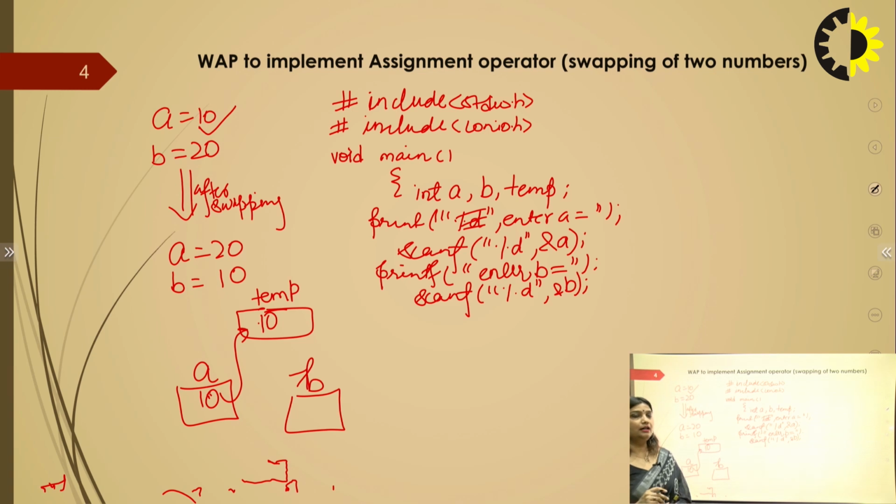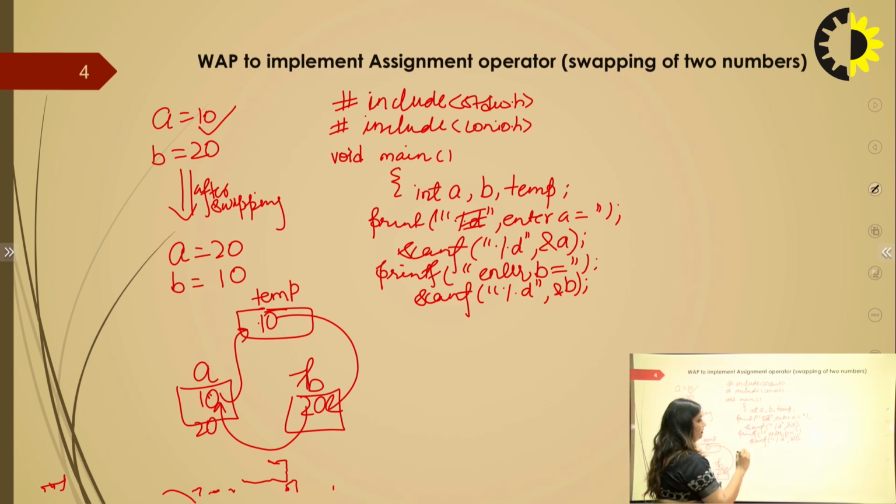Temp will store 10 for the time being. And b, which was entered as 20, you can insert into a. And now temp to b. In this way we can swap the values of the two variables.